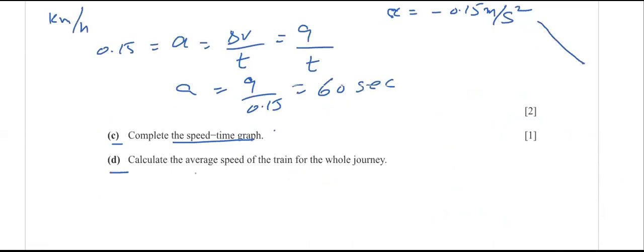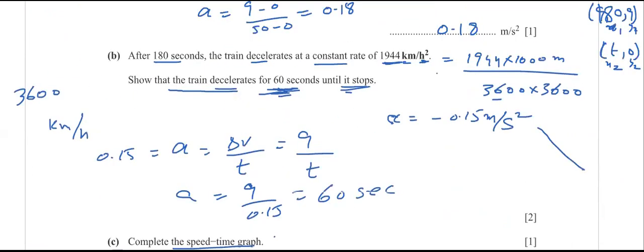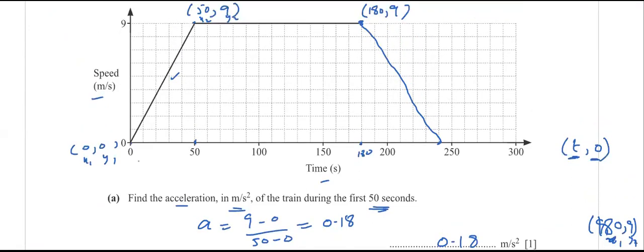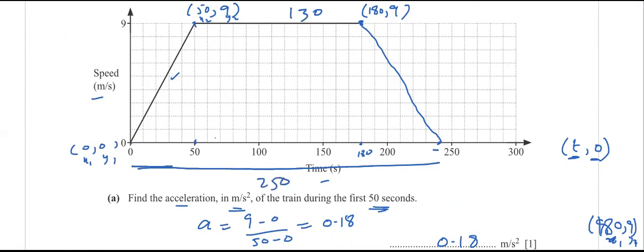And then calculate the average speed of the train. For average speed, you need to find the total distance traveled. And what will be the total distance? Total distance will be the area of this one. For area, we have from 0 till 250, and this side is from 50 till 180, which means it will be 130. And this parallel side is going to be 250, and the height is 9.